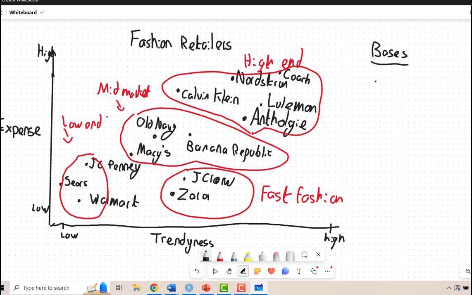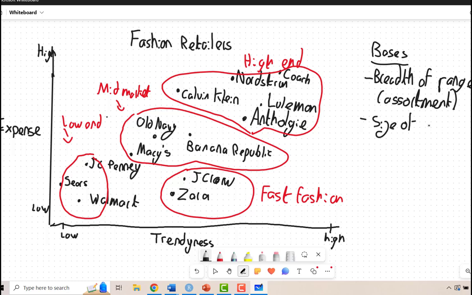We'd have breadth of product, breadth of range, or quite often, I'm not a retailing professor, but you'd call that the level of assortment. And related to that, probably correlated, would be size of store. You could also have the number of stores.